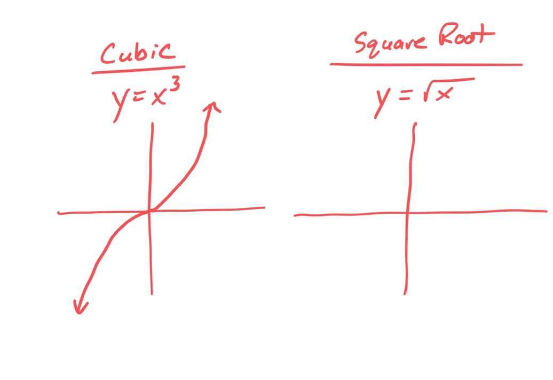This was one of those questions where we would put it into our calculator, get a graph of it, see what it looks like, and then try to determine what the domain and range of that graph would be. In this case, the basic square root function is going to start at 0, 0, and it's going to curve out to the right.